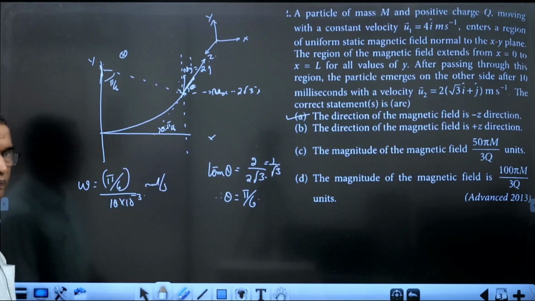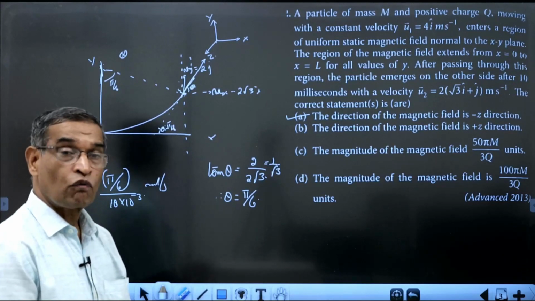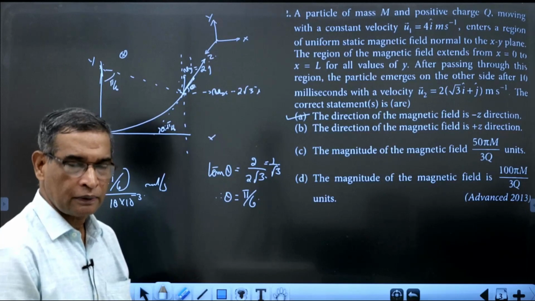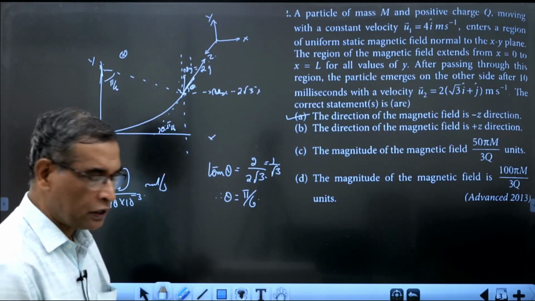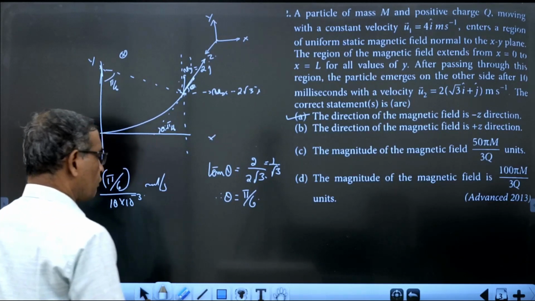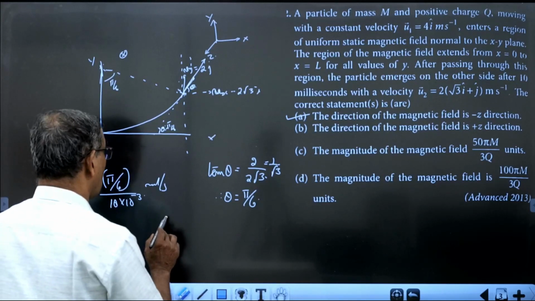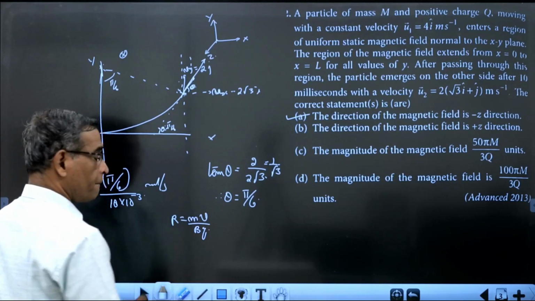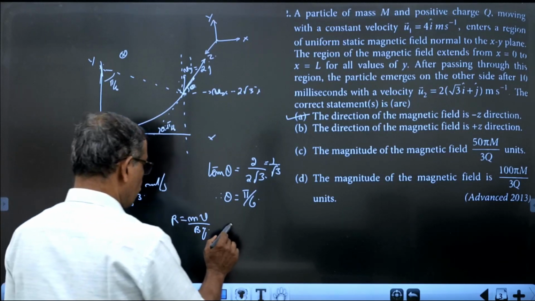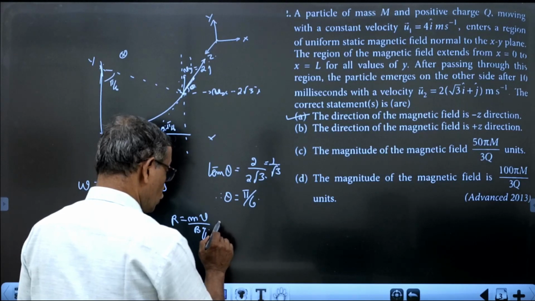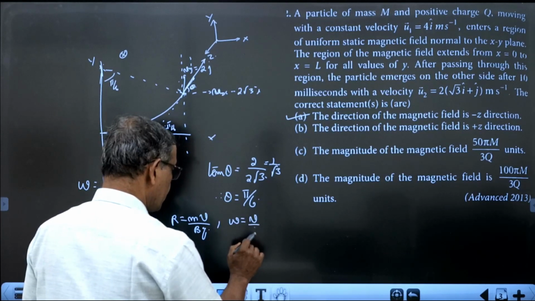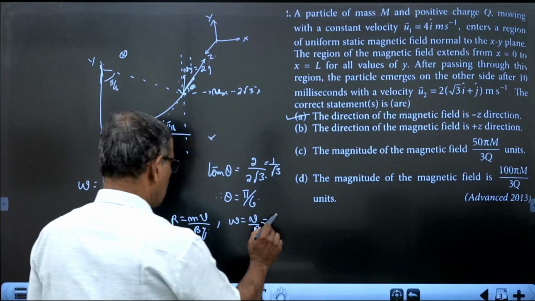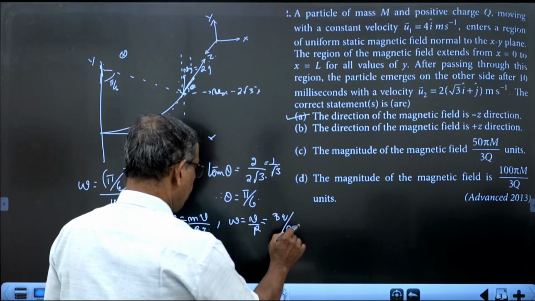This is our omega. But when a particle takes up a circular path in a magnetic field, when it travels perpendicular to a magnetic field, you know the radius equation: R is given by mv by Bq. From this, omega is equal to v by r, which is given by Bq by m.